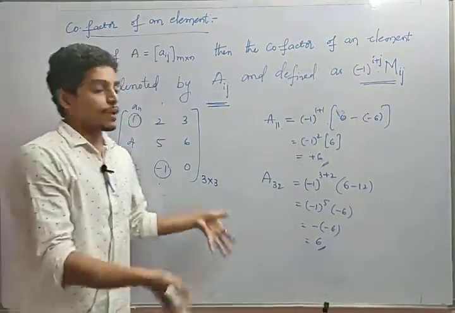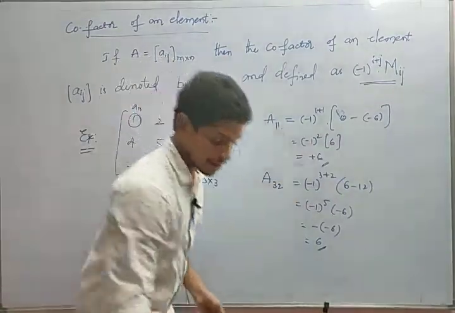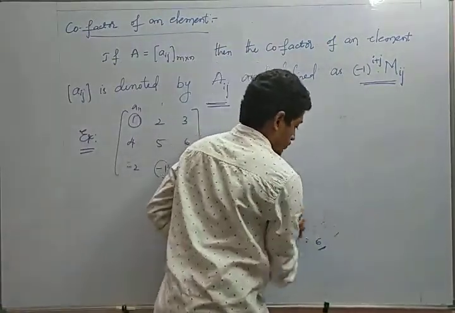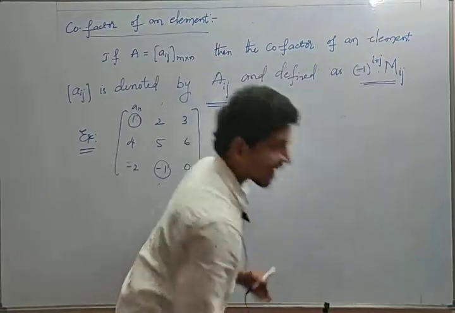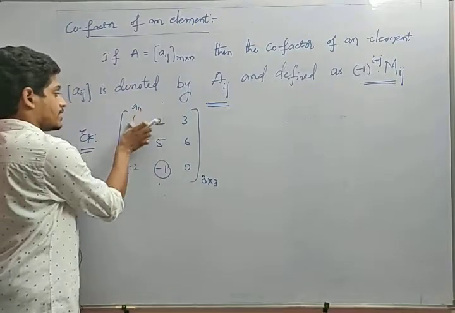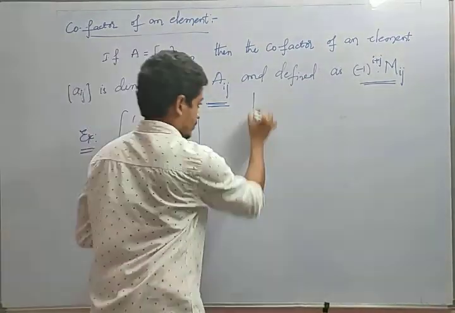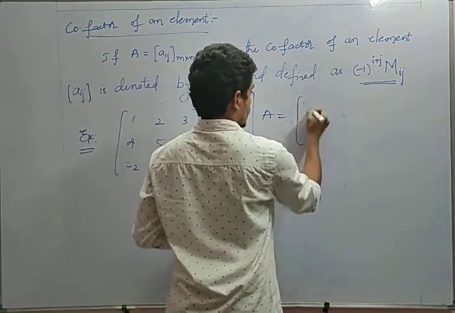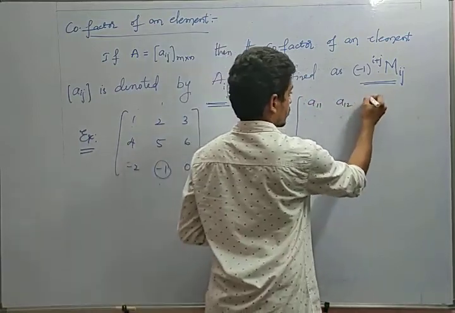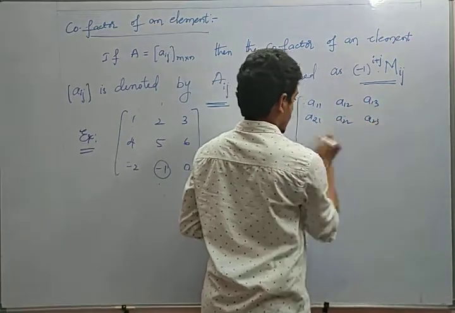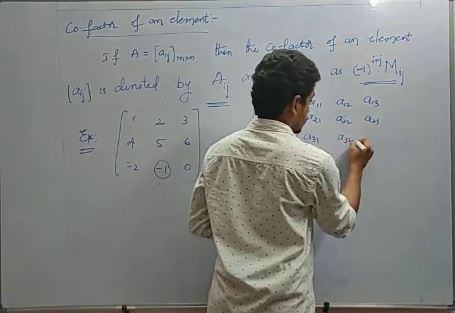So in this way, if we calculate all the cofactors and arrange the cofactors corresponding to these elements, suppose A is a matrix with entries A11, A12, A13, A21, A22, A23 and A31, A32 and A33.